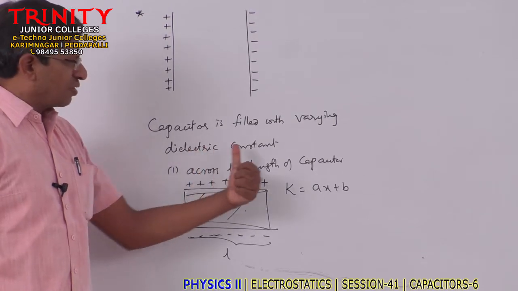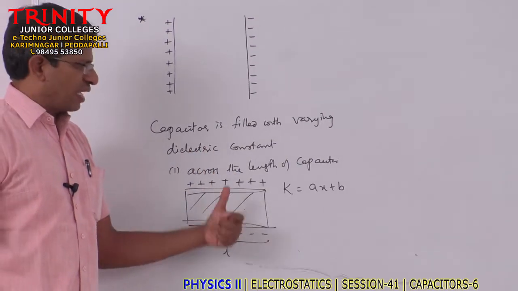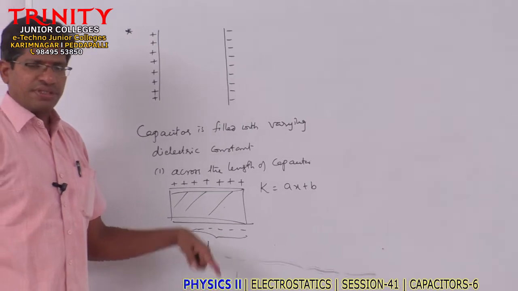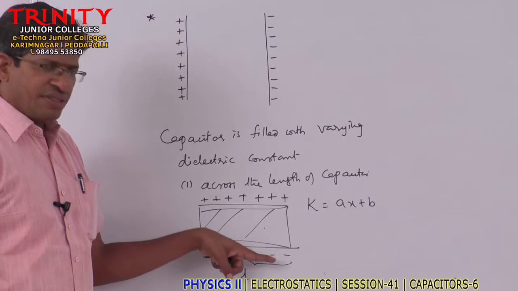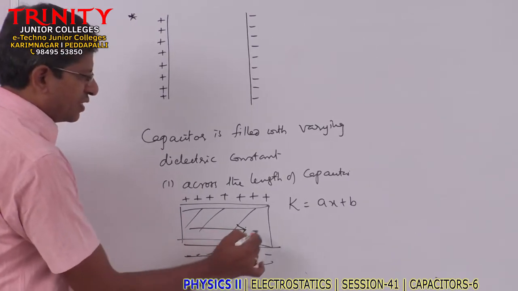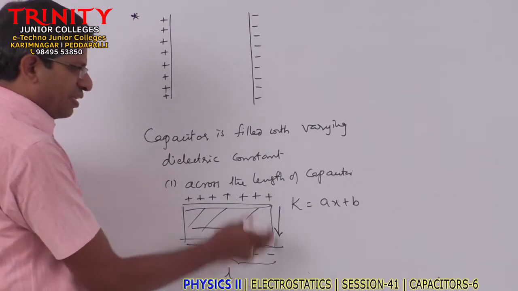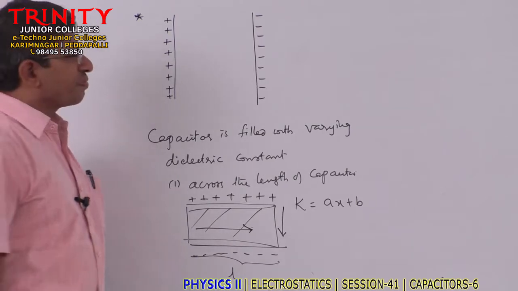That means the dielectric constant is varying not across the length but across the width, that means across the distance between the plates, that means d. So yesterday it was changing like this. Now today let us discuss that it is changing in this manner.